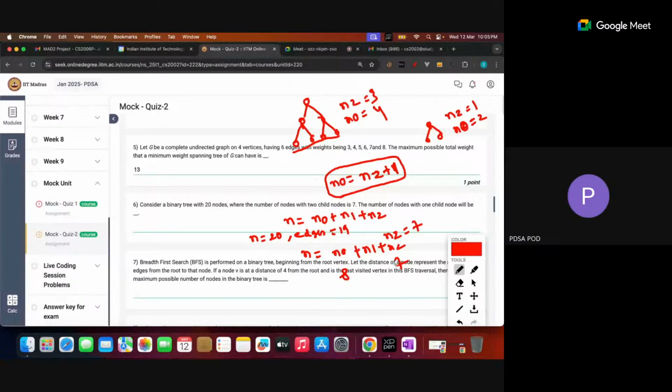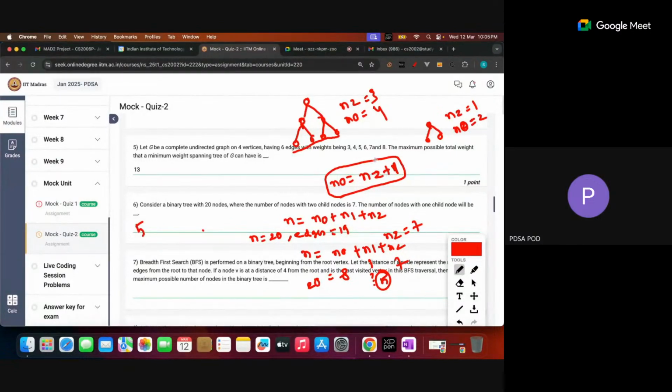What is remaining? To balance this 20, it's definitely going to be 5. Bring it to one side, so that my n1 value, the number of nodes with 1 child, is definitely 5. The right answer is 5.